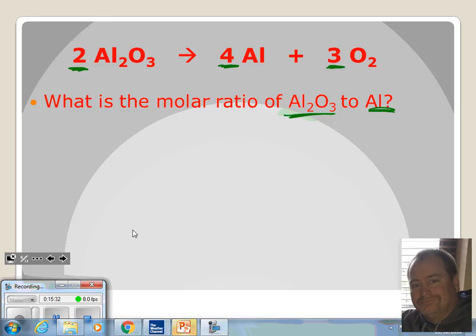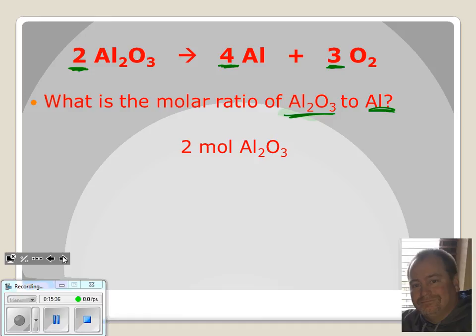We have 2 moles of aluminum oxide. To how much aluminum? 4 moles of aluminum.